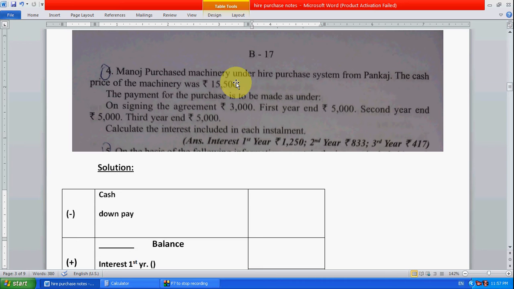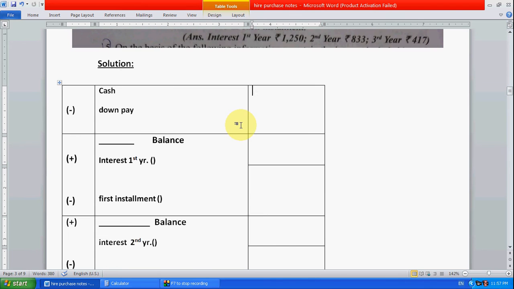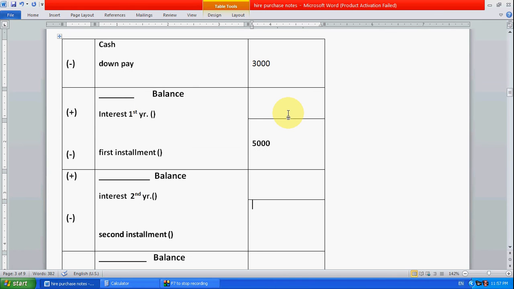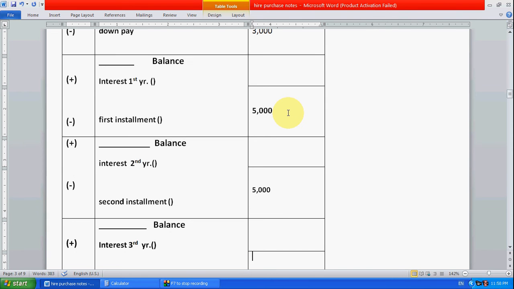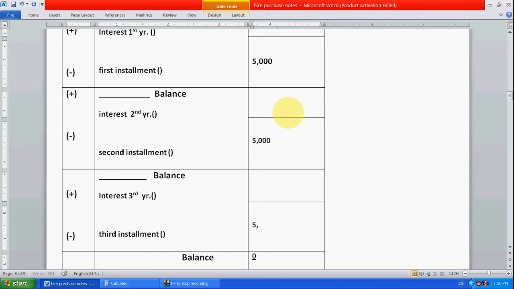How do we find this? First, we don't know the amount, so go with the down payment. The down payment is 3,000 here. Don't go with the balance. First installment 5,000, second installment also 5,000, and third year installment also 5,000.